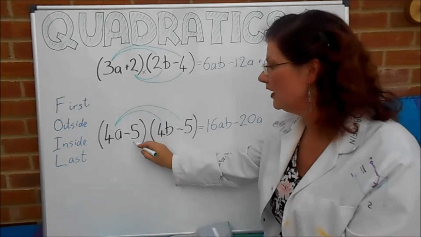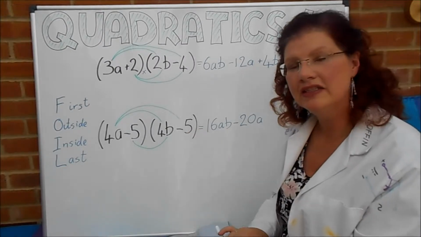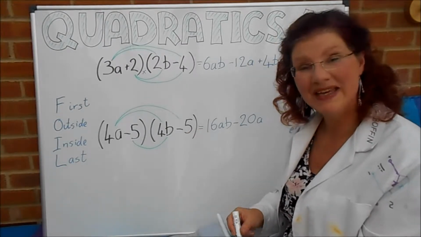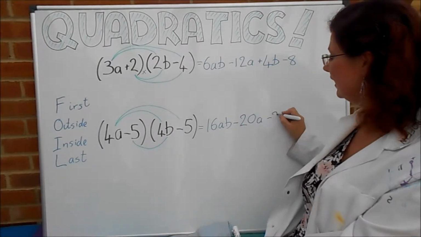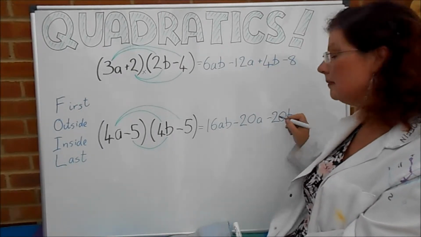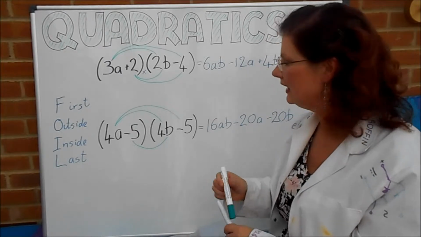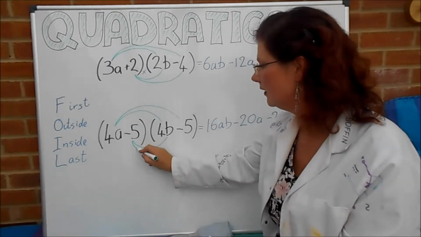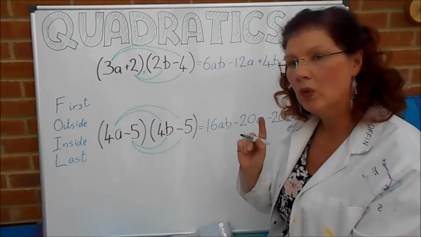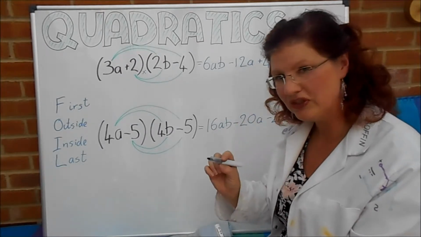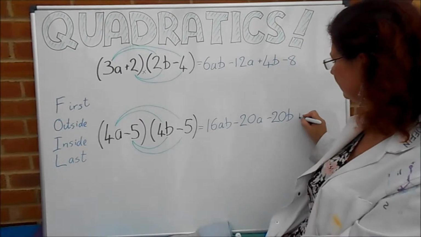Now we've got the inside ones. A negative 5 times a 4b. So that's very similar, but slightly different. Negative 20b. And finally, we've got the last two. A negative 5 times a negative 5, which I hope you know is a positive 25.